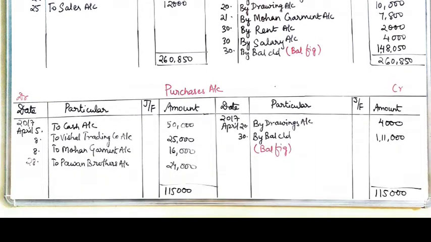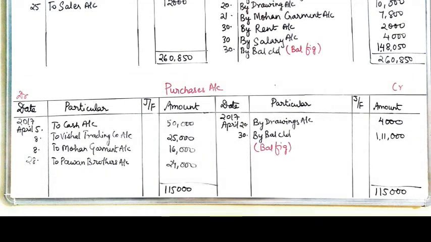Then moving on to the next, same type of transaction in the ledger account, we will do the purchases account. April 20, the transaction goes drawings account debit to purchases, so by drawings. Similarly, on the to side, April 5, purchases account debit to cash, to cash 50,000. Purchases account debit to Vishal Trading account, to Vishal Trading account 25,000. Purchases account debit to Mohan Garments account, to Mohan Garments 16,000.